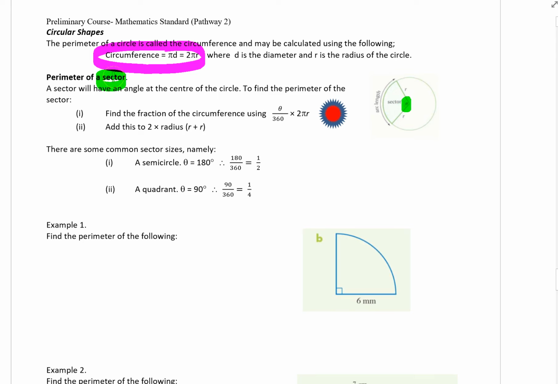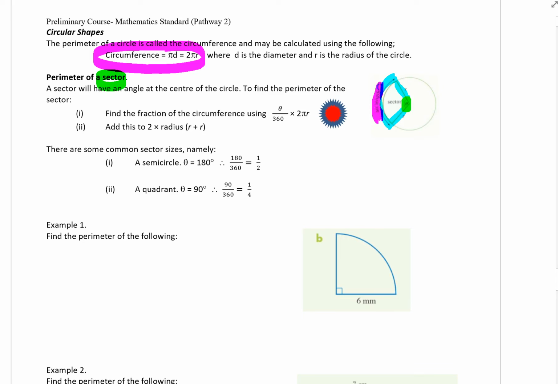If we have a sector, let me just outline this sector for you, here to here to here. Now, a piece of pie is a sector. If I only want part of the circumference, that part is called the arc length.